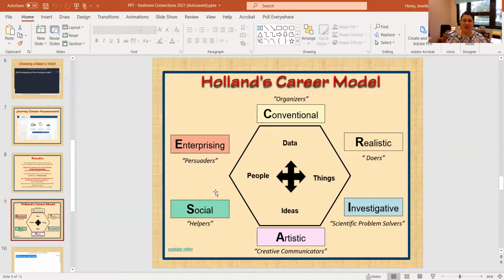So then going on to investigative, those are our scientific problem solvers. Now, don't think you have to be a science person. You can be, but you don't have to be. Those are the persons, and you are the persons who have I in your code, who like to think through problems from beginning to end. You're not irrational, you're decision makers.